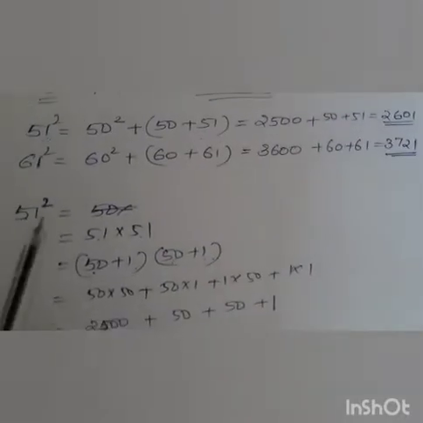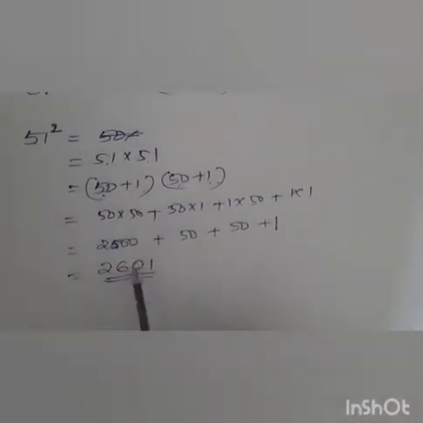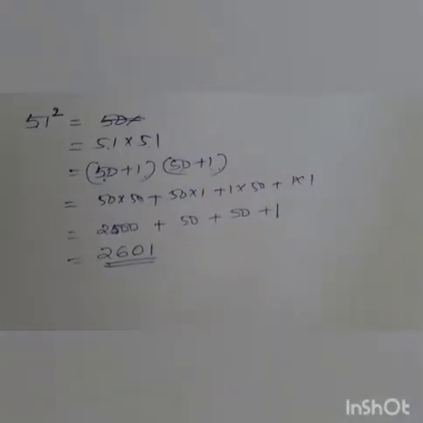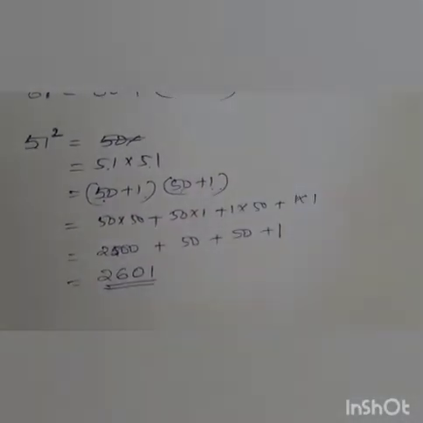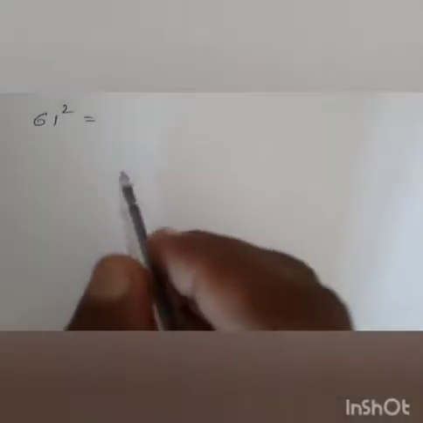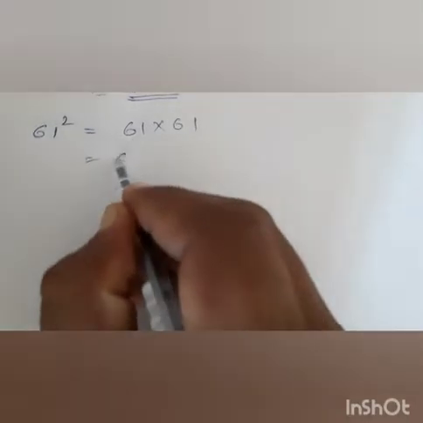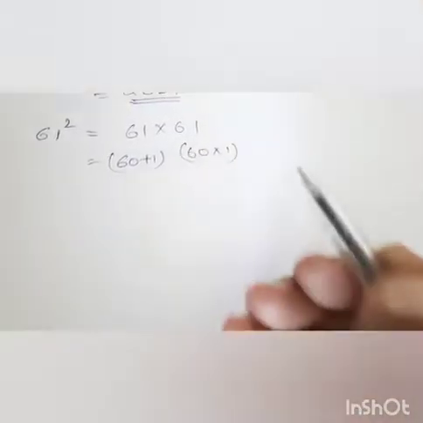Either we can do this method to find the answer, or we can do this method. Without calculation we can do like this. Easy method to find out the square of numbers like this. See 61 square. This is 61 into 61. And 61 we can write as 60 plus 1 into 60 plus 1.